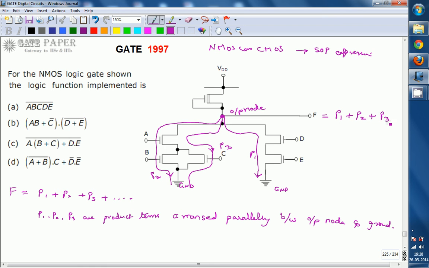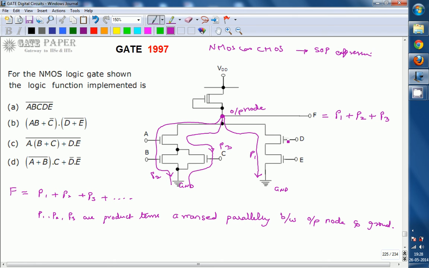Now P1 is a product term. A product term consists of literals, the product of literals, which is nothing but the product of the inputs of the gates present in that branch. Now look at P1. This is a branch in which you get 2 transistors.